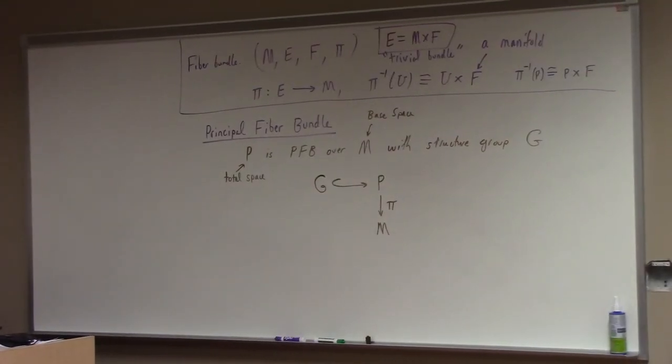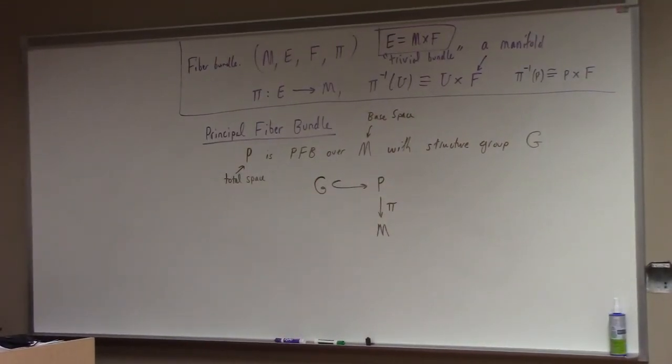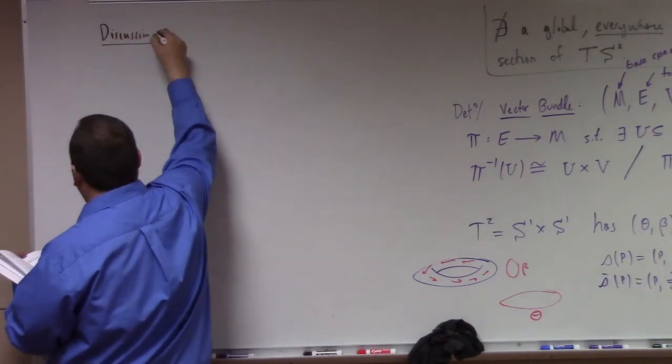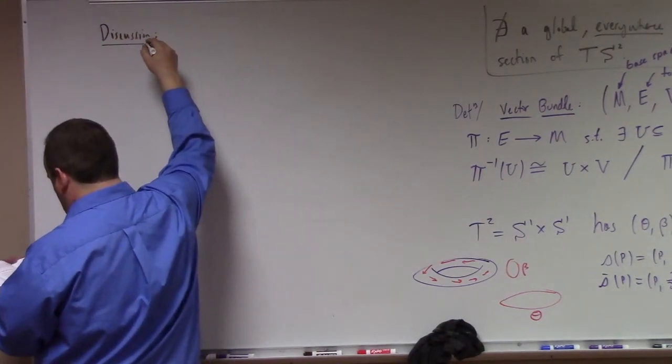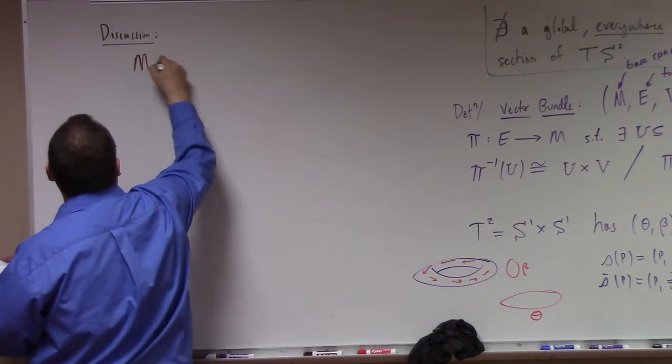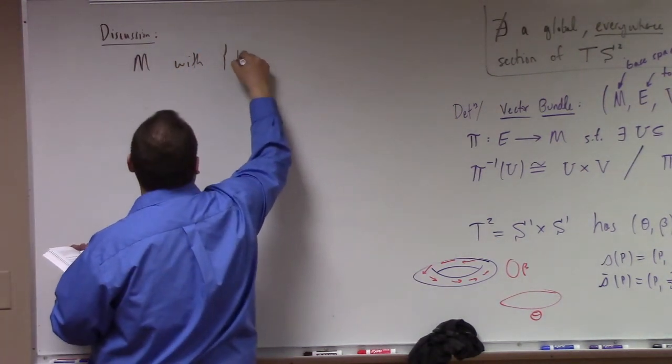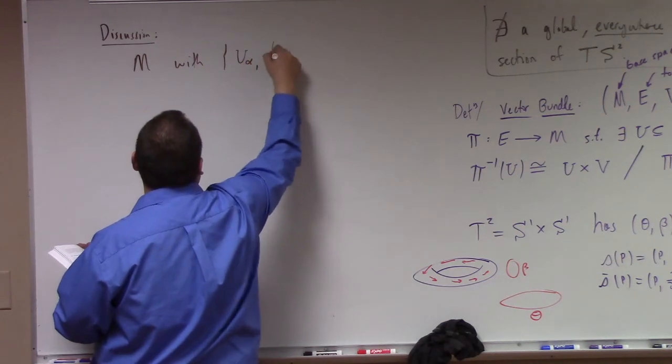So his starting point, and this was actually the starting point my advisor took in a course I had on these things, is probably a good place to start. So what you could do is you start with M, with atlas U alpha, and I'll use his notation, phi alpha.